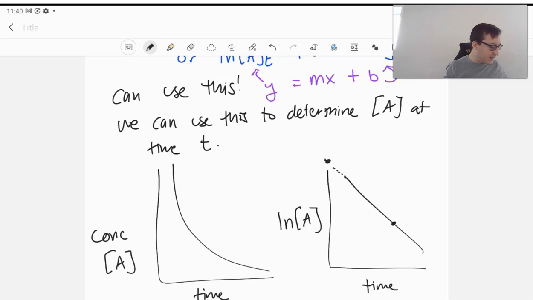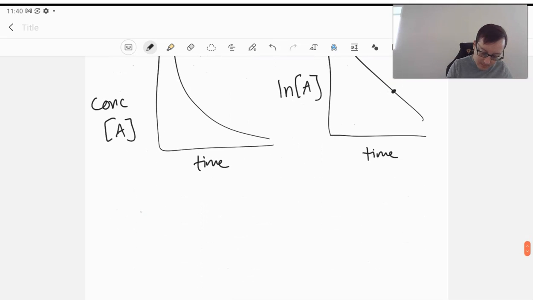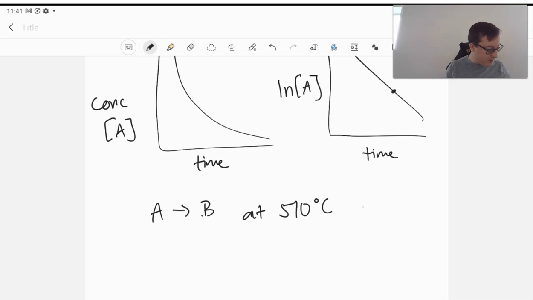Let's take a look at this. I have got some values for us here. We have product, or A turning into B, our favorite reaction. I've got the data. We'll say this is at 510 degrees Celsius, because why not? This is a first order process with a rate constant times 10 to the negative 4 inverse seconds. That's our rate constant.